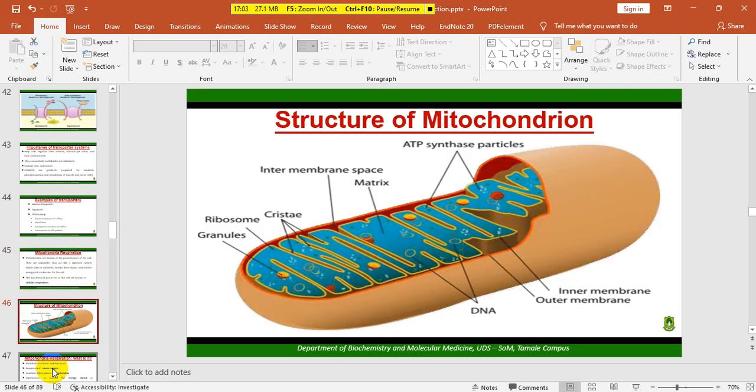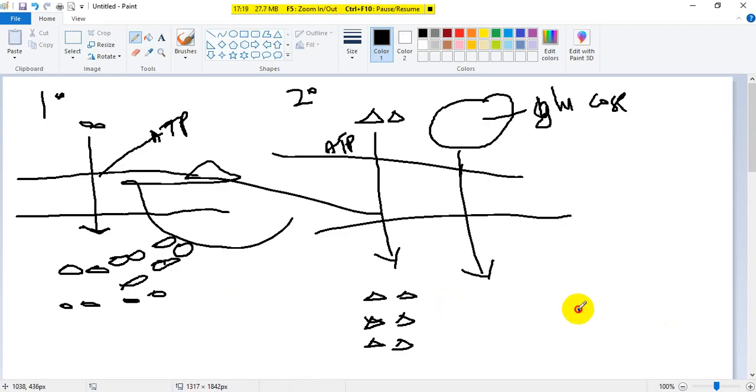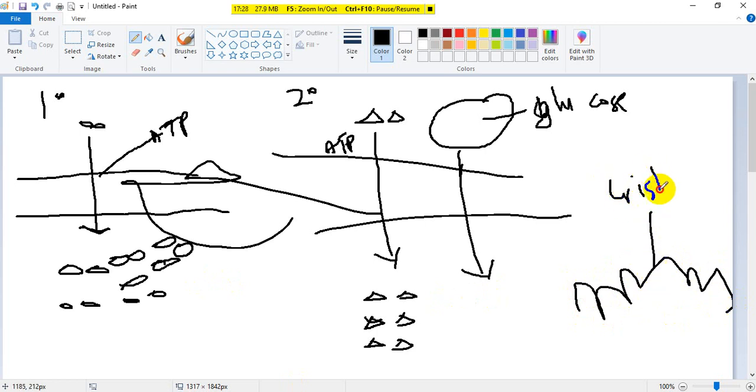So this is the structure of the mitochondria. The mitochondria has granules. It also has ribosomes. The folding of the mitochondria is called what? The folded sections are called crista.